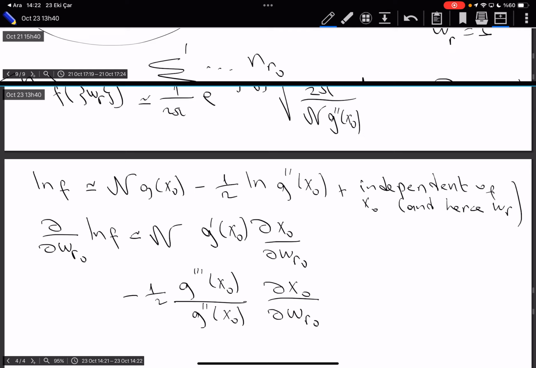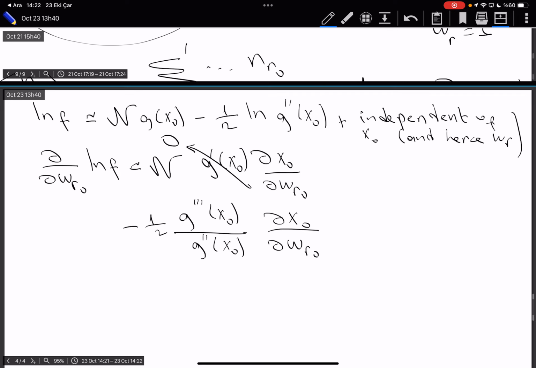Well, the first term is 0 by definition of x0. So I need to calculate this derivative.